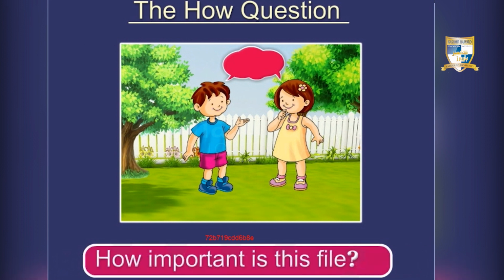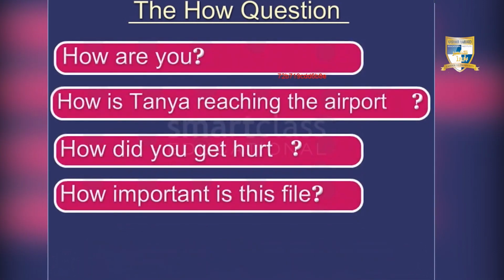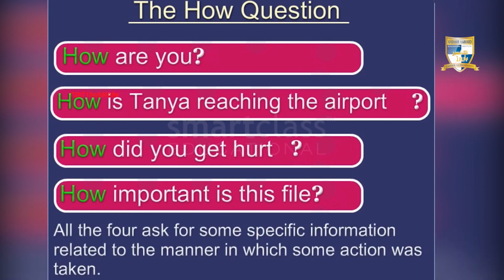How important is this file? All these four sentences begin with how and end with a question mark. All the four ask for some specific information related to the manner in which some action was taken.